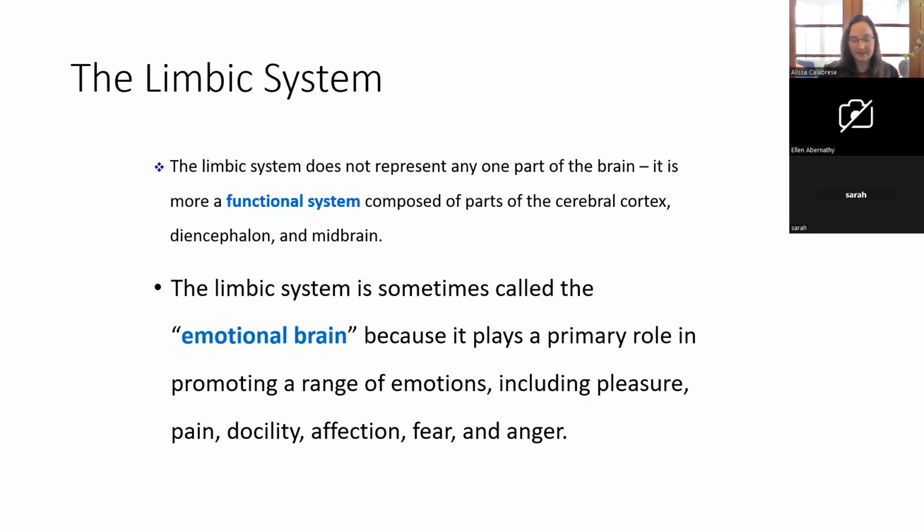All right, and then the limbic system. So limbic system is kind of everywhere. So it's not isolated to just one part of the brain. It sort of spreads throughout the cerebrum, the midbrain, diencephalon. But the limbic system is primarily associated with your emotions, right? So when you feel an emotion, that's your limbic system.